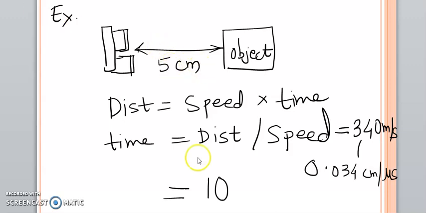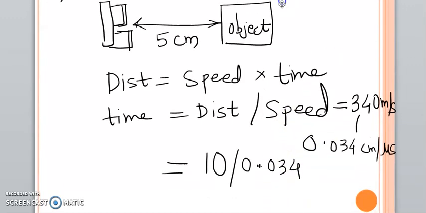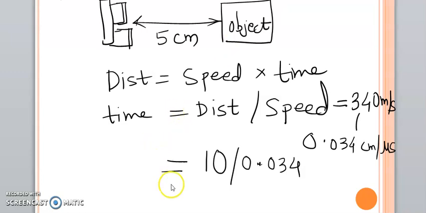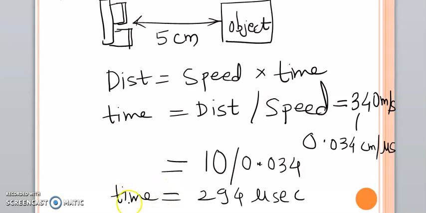Then what is the speed? Obviously we have calculated the speed in centimeter per microsecond, so that value is 0.034, and the answer you will get after solving this is 294 microseconds. So time is equal to 294 microsecond.